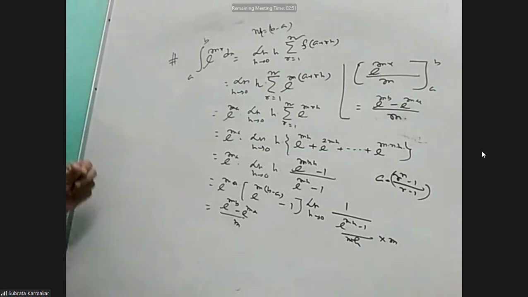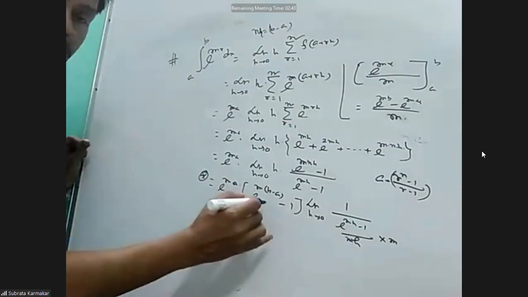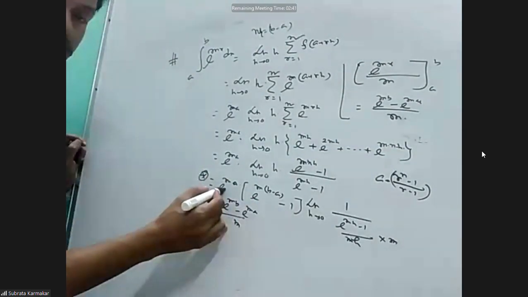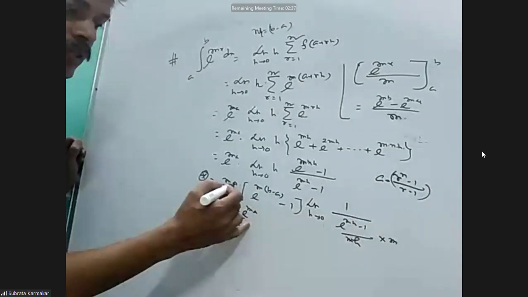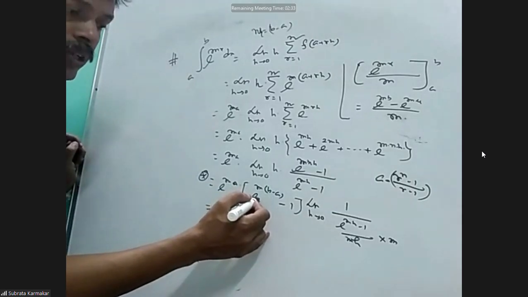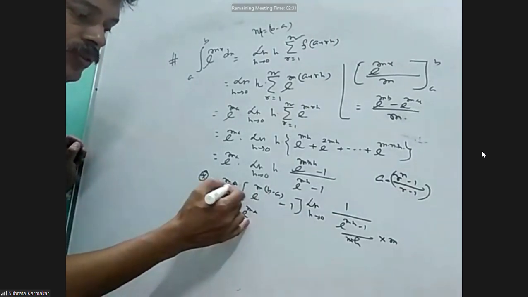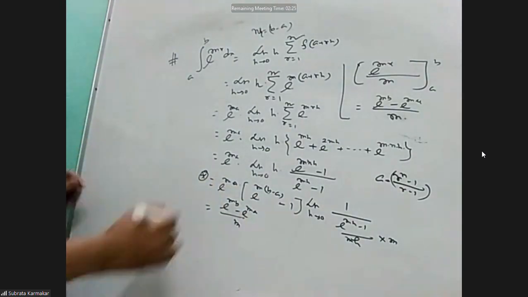Any doubt? No doubt, sir. This line is very important. Apparently, if you see, you will find it is missing. If here e^(mb minus ma) into e^(ma), that part will be cancelled. You will get from here only e^(mb) minus e^(ma). So that one is this one. Mind that, this is the important step.